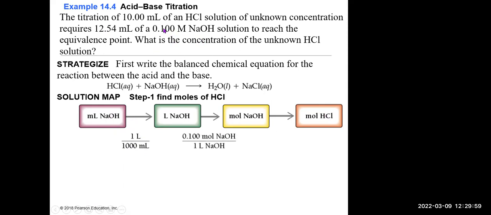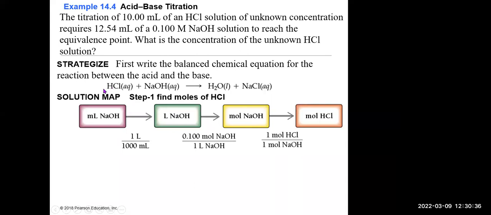Remember, this concentration can always be written as a fraction whenever you see the capital M, so that becomes 0.100 mol over 1 L. We multiply those quantities, and we'll see the cancellation of the L and the cancellation of the mL. We get moles of NaOH, but we want to get the moles of HCl. We will use the mole ratio, which is the coefficient ratio in the balanced equation.